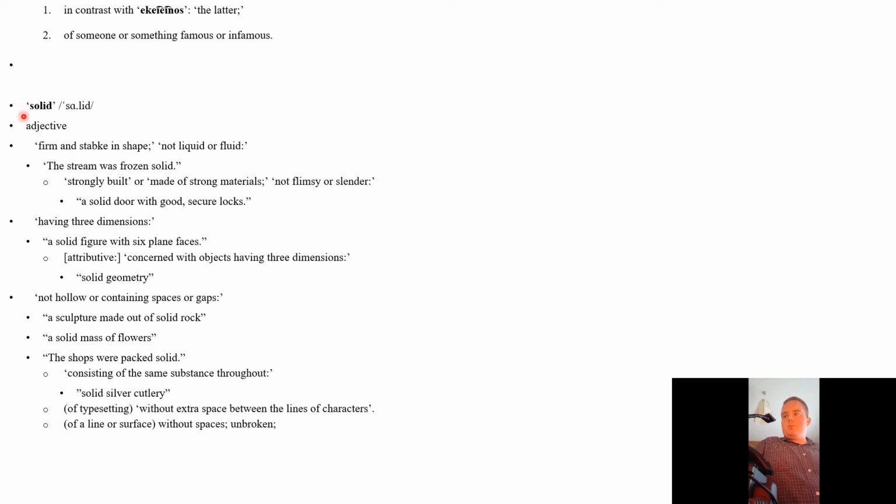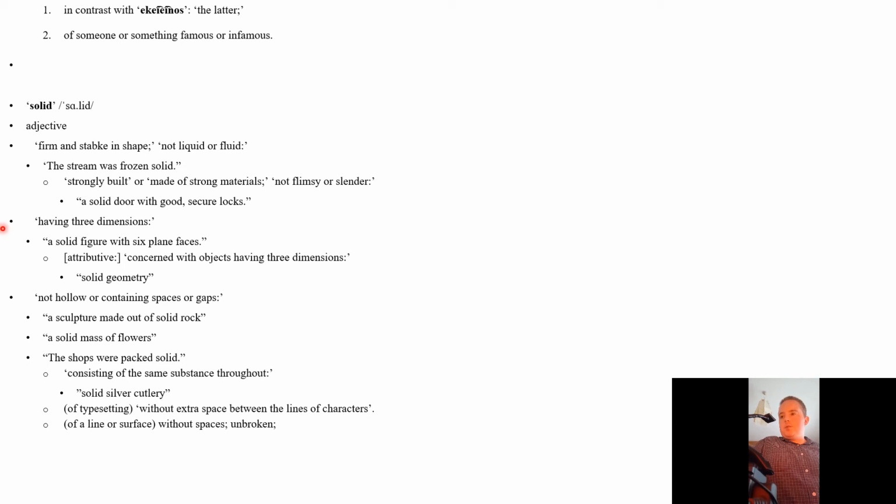And now we come on to the Oxford English Dictionary definition of solid. So solid is the IPA listing of it. Adjective, firm and stable. That should be an L. I'll correct that in the notes. Firm and stable in shape, not liquid or fluid.